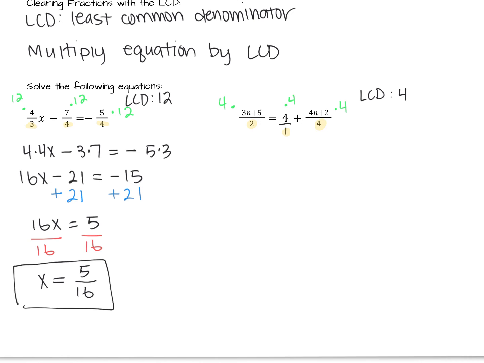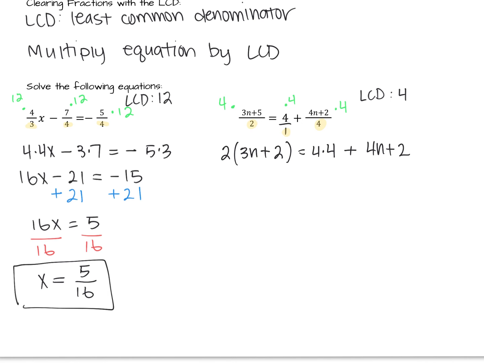So 4 divided by 2 leaves me with 2, and it is important that in this case, 2 is multiplied by all of the numerator 3n plus 5 equals 4 times 4, because 4 divided by 1 is still 4, plus, and in this case, 4 divided by 4 is 1, so I don't have to put parentheses around 4n plus 2.